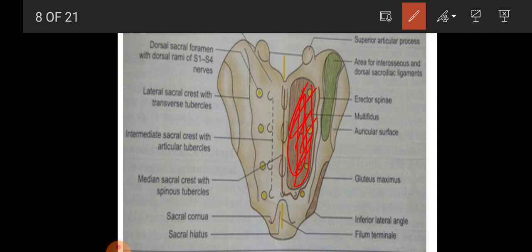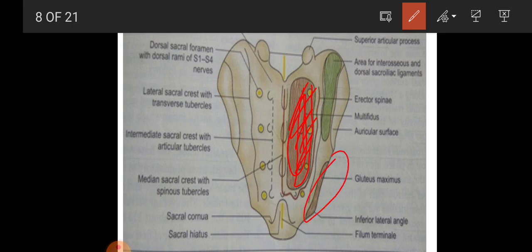Then the lateral part of the ala of the sacrum, lateral to the lateral sacral crest, is occupied by the interosseous and dorsal sacroiliac ligaments, which are the ligaments of the sacroiliac joint. Then the lower part of the lateral surface of your sacrum is occupied by the origin of gluteus maximus muscle.